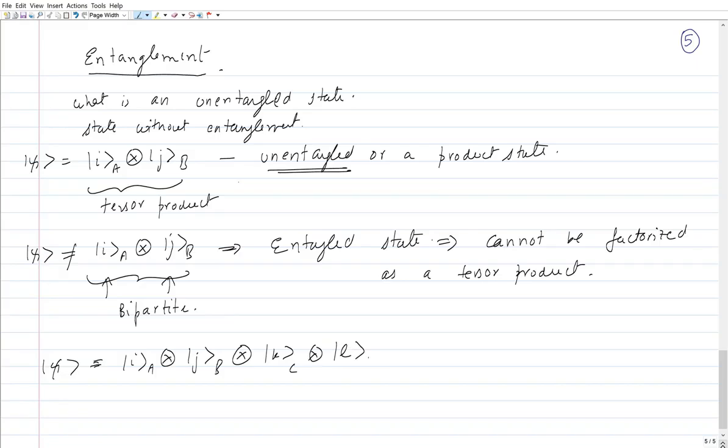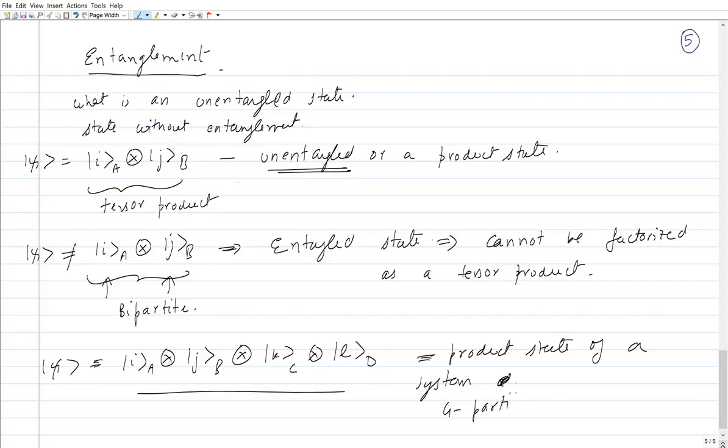So this is a composite system of 4 parties, and what I've written is a product state of a 4-partite system. And for a 4-partite system, any state that cannot be expressed as a product is going to be an entangled state.